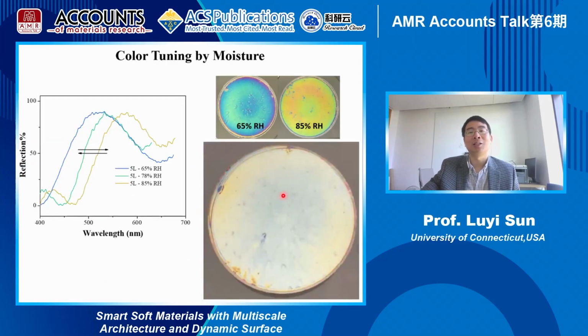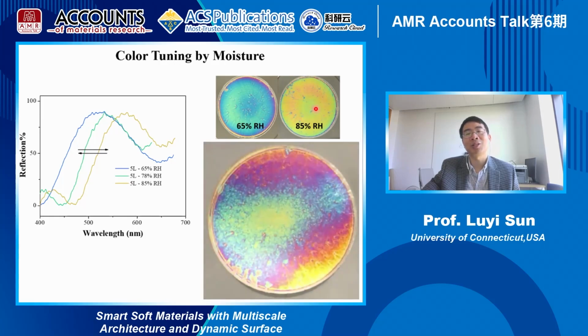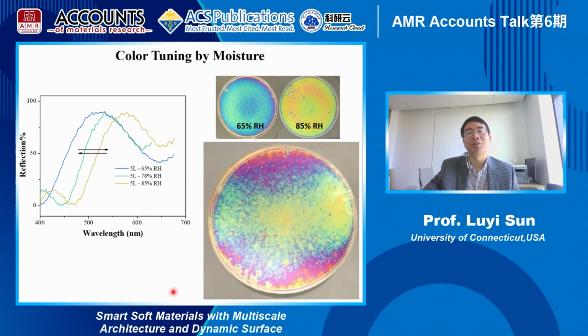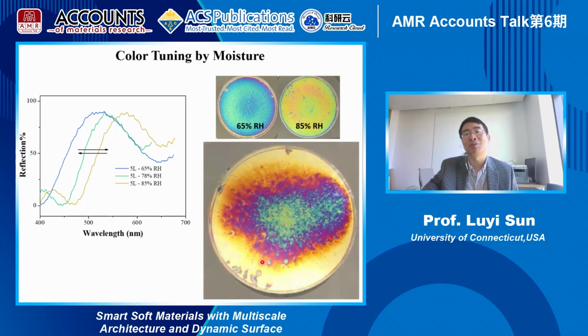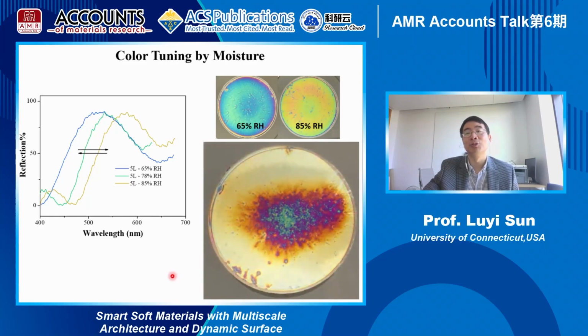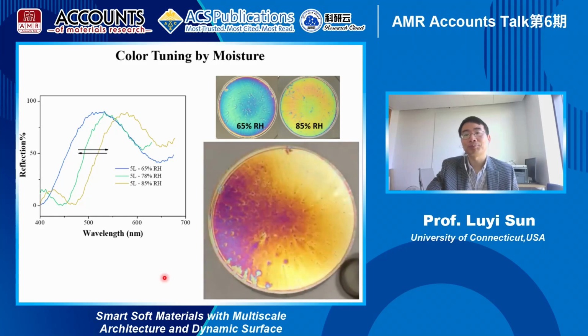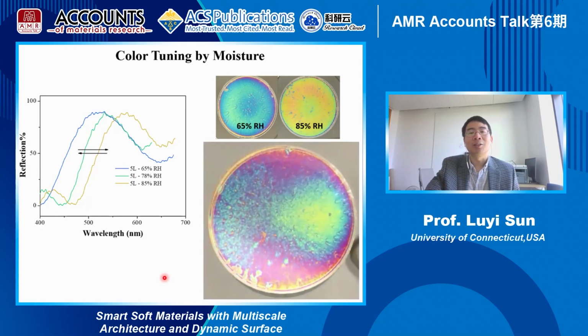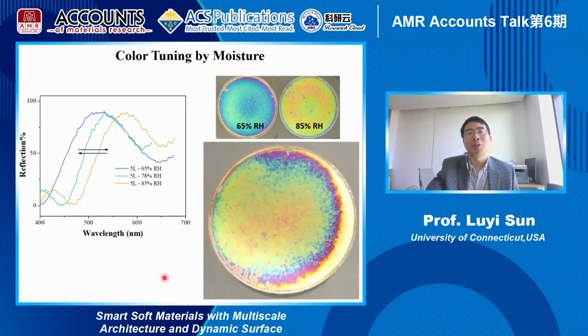So here, statically, you can see the color difference, but also dynamically, you can see the change of thickness leading to the change of color. And this is, of course, a reversible process, and we can make this change for as many cycles as you want.